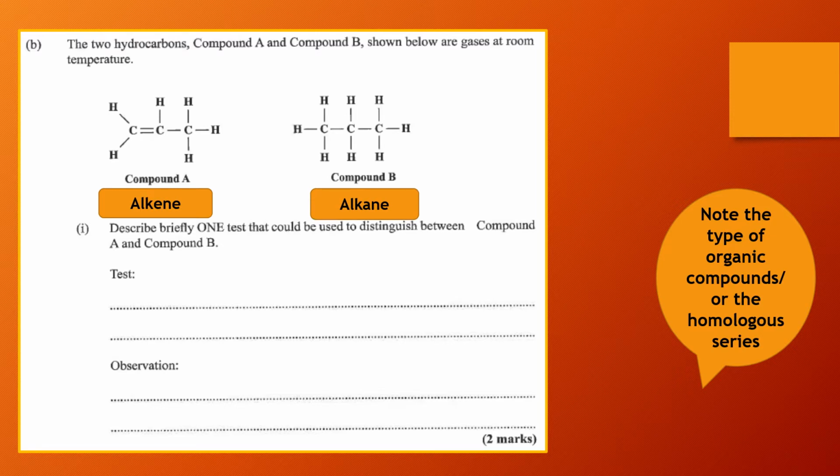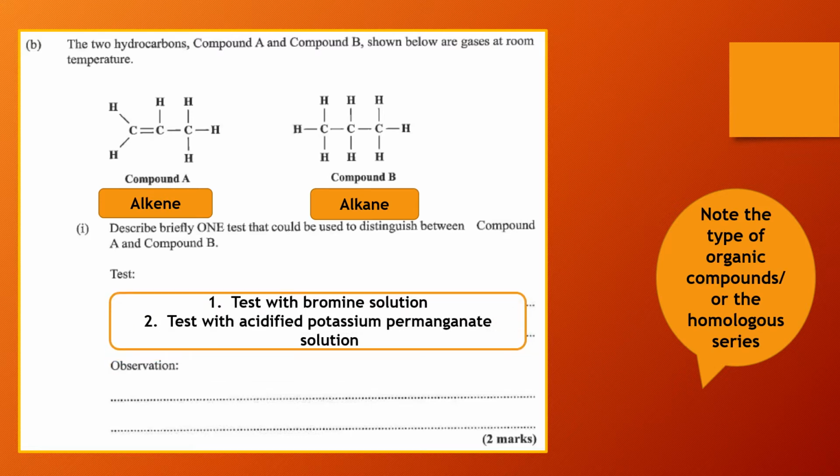So how do we distinguish between an alkane and an alkene? Very common test is to react them with bromine solution, that's one, or we could also add acidified potassium permanganate solution to a sample of compounds A and B. So those are 2 distinguishing tests.